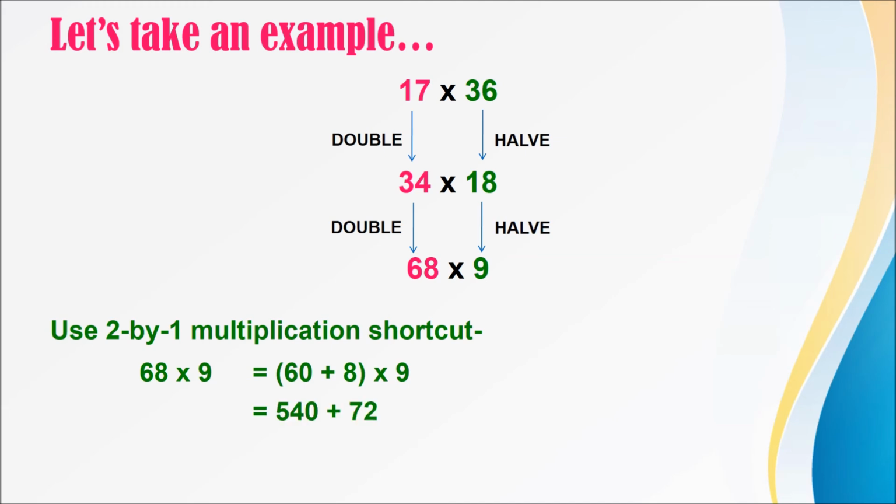Now, do 60 into 9 and 8 into 9. This gives us 540 plus 72. Simplify this addition as 540 plus 70 plus 2 and the answer you get is 612. Wasn't that really simple?